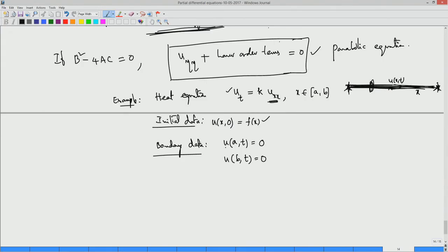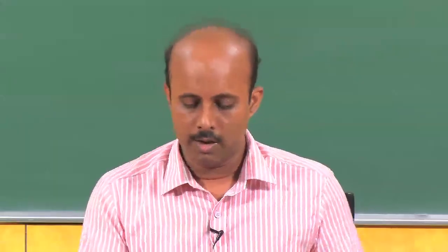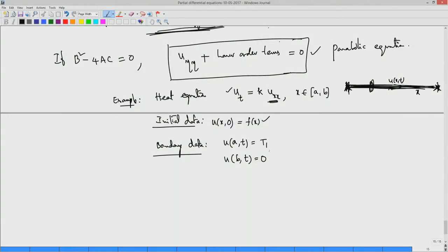Under those assumptions, the insulated boundary condition is simply that the derivative, the flux, has to be 0, meaning nothing is going out. So, u_x at A and u_x at B are both 0. These are insulating boundary conditions. If instead u is 0 at both endpoints, you are maintaining the rod at temperature 0 or some constant; you can give some temperature T1 or T2 at the endpoints.